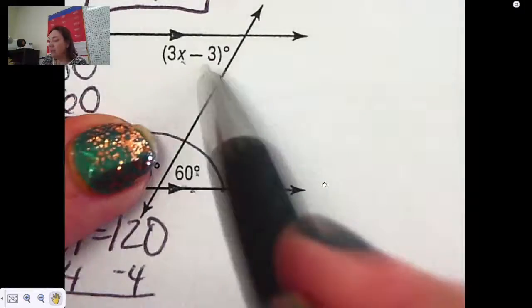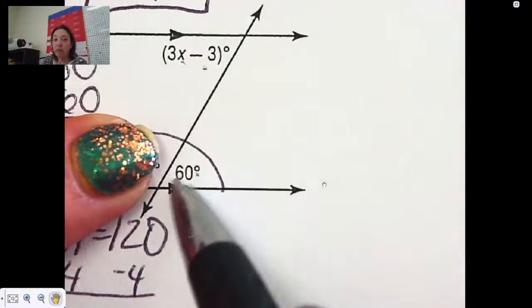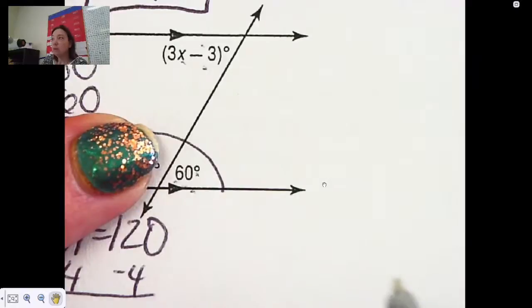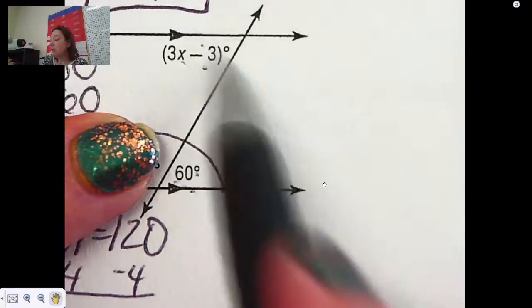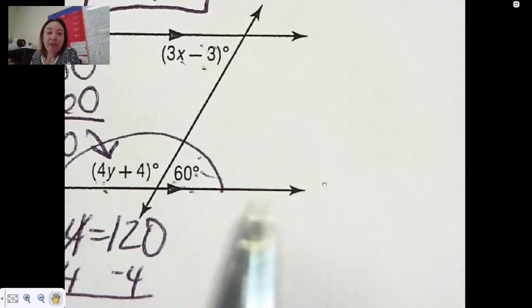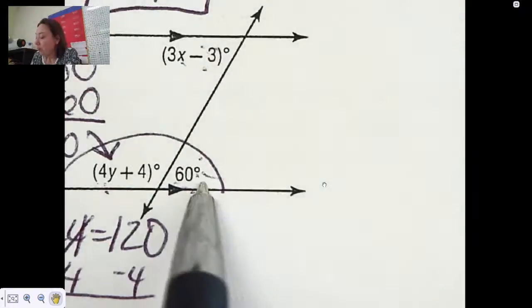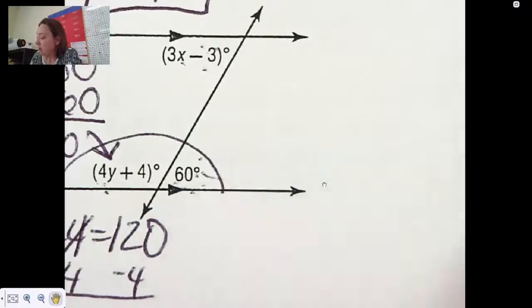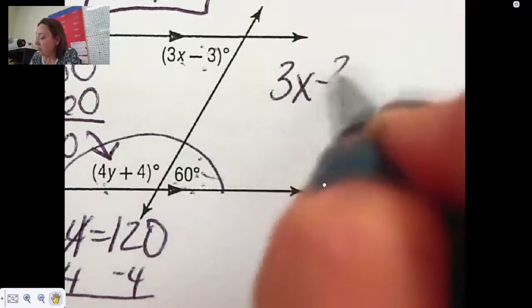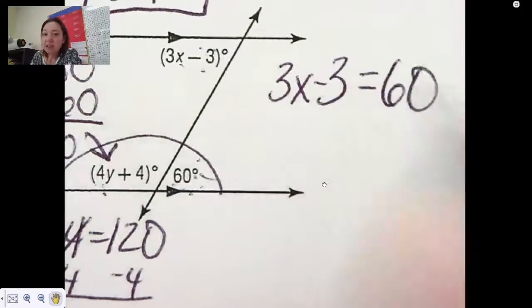Right? Okay, what do I know about this 60 and this guy? What do I know about these two? What kind of angles are they? Alternate interior, right? Alternate interior. And that means what about them? So, these are congruent, right? So we're going to do 3x minus 3 equals 60.